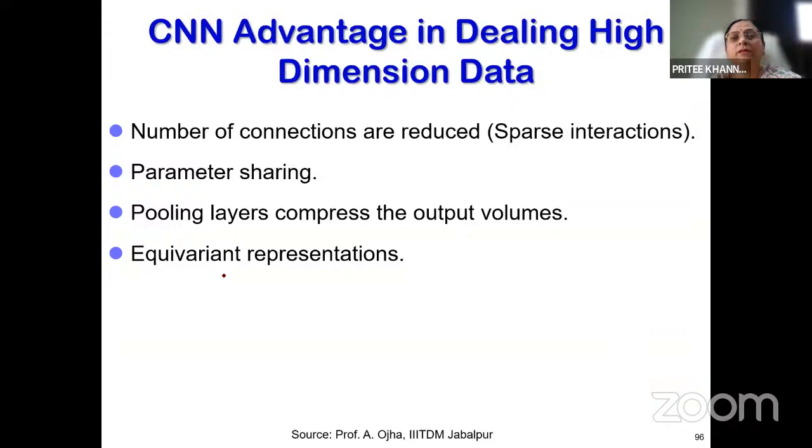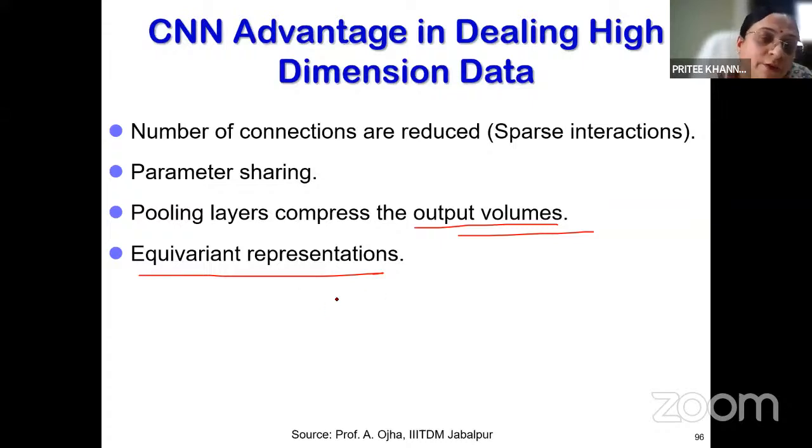So what is the advantage of CNN, which we discussed? If you summarize it, the number of connections is reduced, parameter sharing is there, and pooling layers compress the output volumes, as we just saw. So it reduces the volume, and as madam explained to you, some types of transformations like translation, if needed, the process needs to become invariant to that, right?